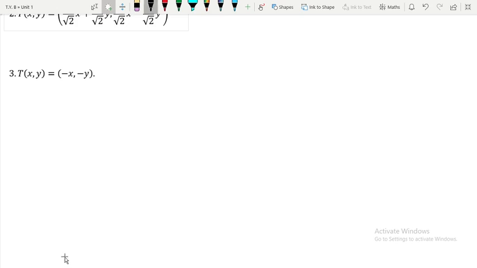So what we are supposed to show is that T is an orthogonal linear transformation.